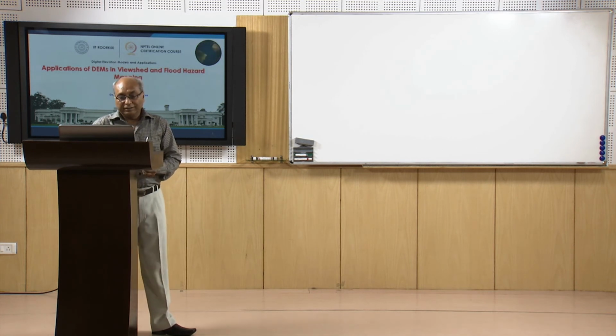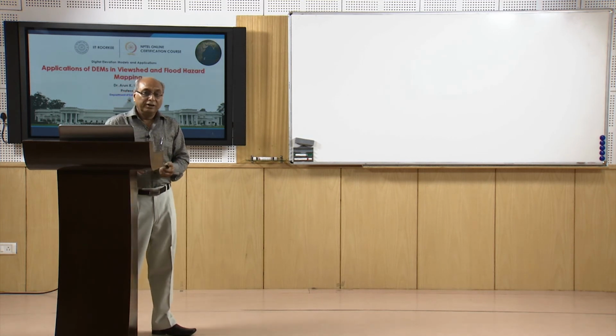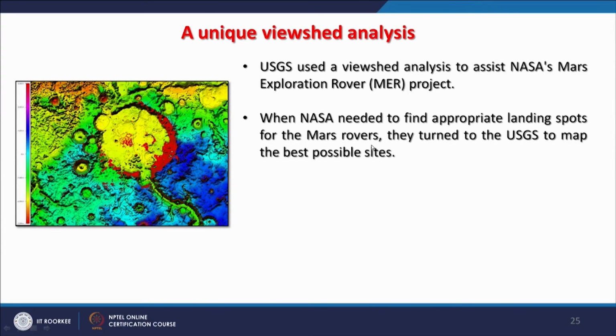That was done in advance, because a digital elevation model of Mars was available, so Viewshed analysis could be done. And when NASA wanted to find out the appropriate landing spots for Mars rovers, they turned to the USGS maps for the best possible sites.